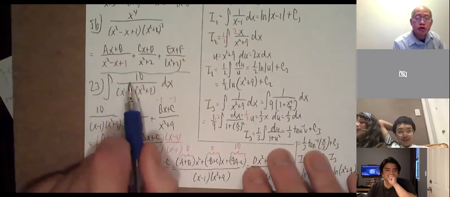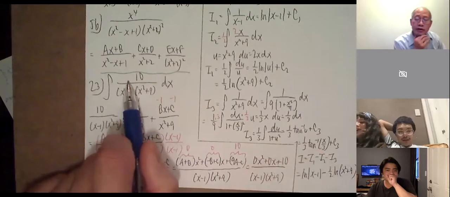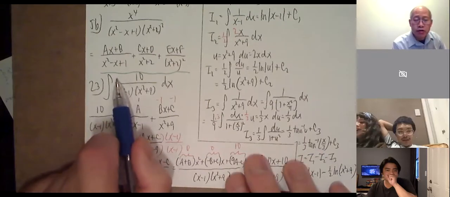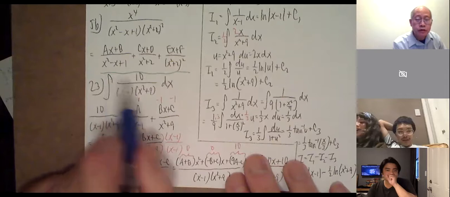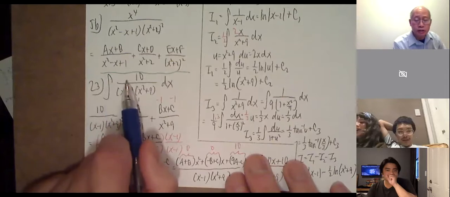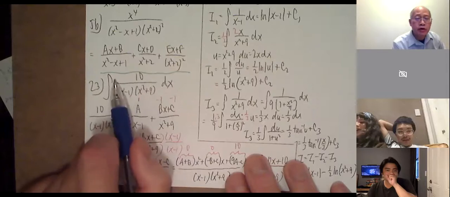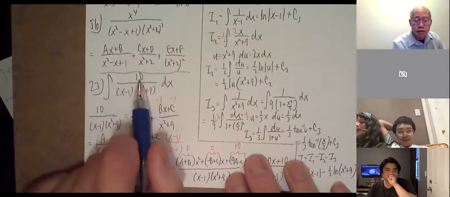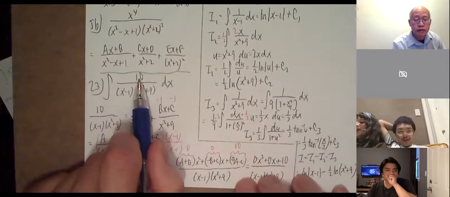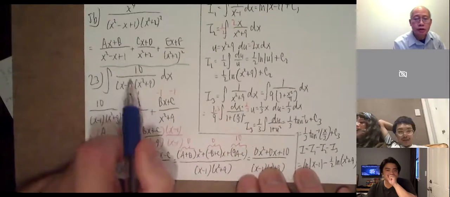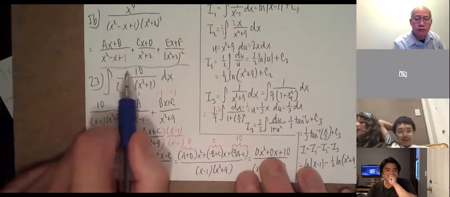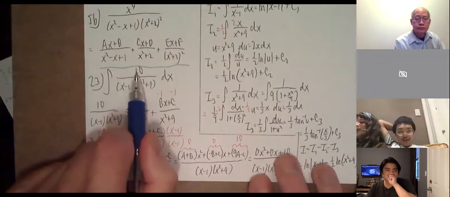Which means on top, you could have anything up to x squared, and it works. There is no x squared, counted as a 0. There is no x, counted as a 0. Okay? So pretend the top is 0x squared plus 0x plus 10. I'm not going to write it because we use it a little bit later on. But you know that's the same as 0x squared plus 0x plus 10.